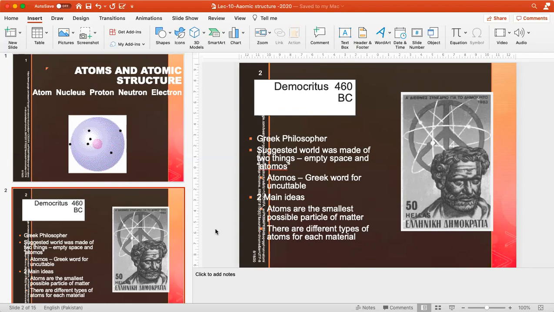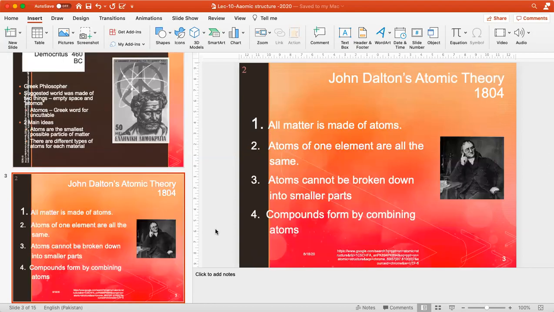So next, 1804 timeline. Now this is the timeline where John Dalton presented his atomic theory. According to him, all matter is made up of atoms. Atoms of one element are all the same.